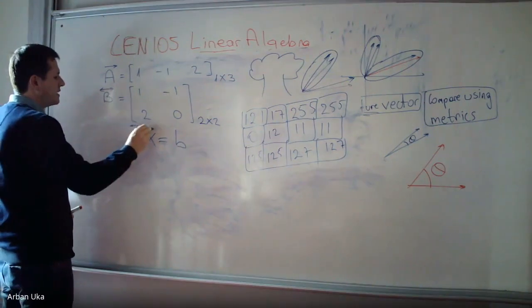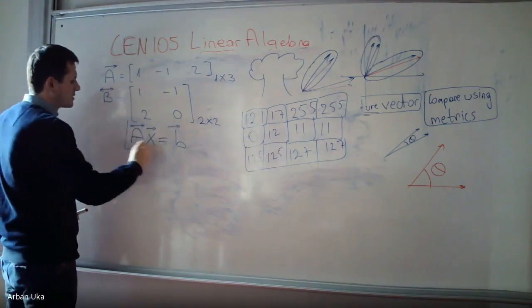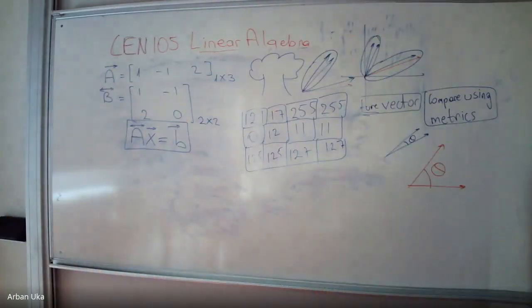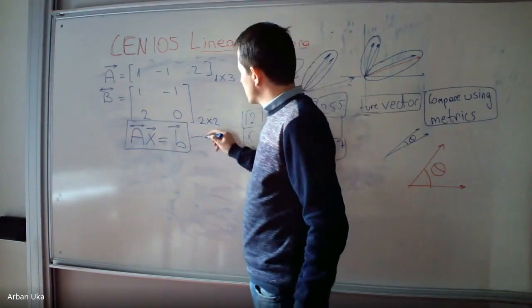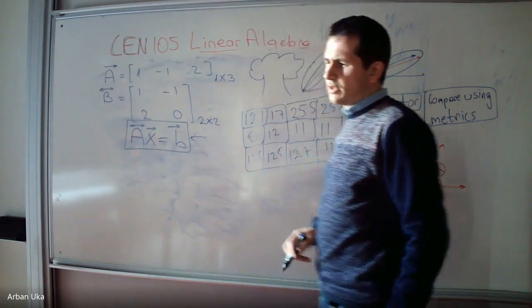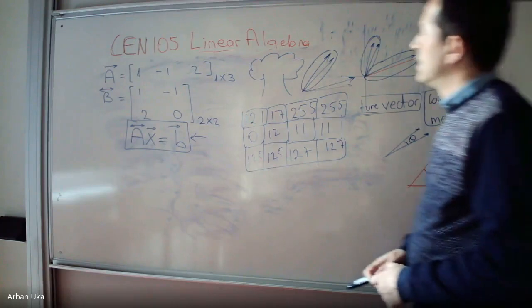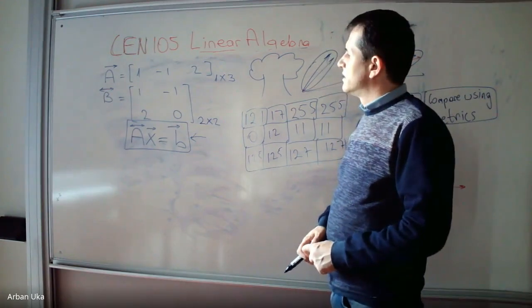Any problem in mathematics can be written in this form, where A is a matrix, x is a vector, and b is also a vector. Complex operators can be written in the form of a matrix like this. We just need to learn the tools of how to manipulate them. This is what we are going to see in linear algebra.